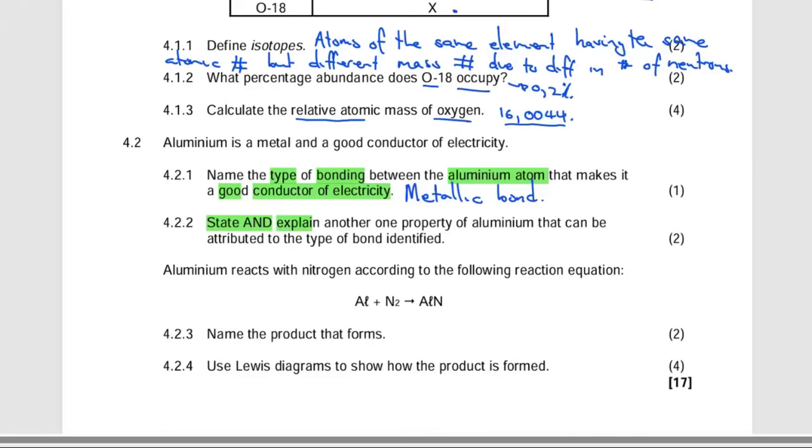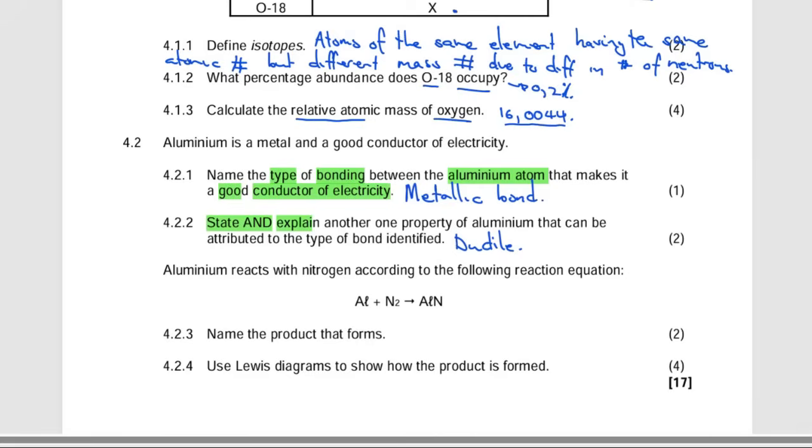I can say aluminum is ductile. What do you refer to by ductility? It is the ability of being pulled into wires. It can be stretched into a wire.